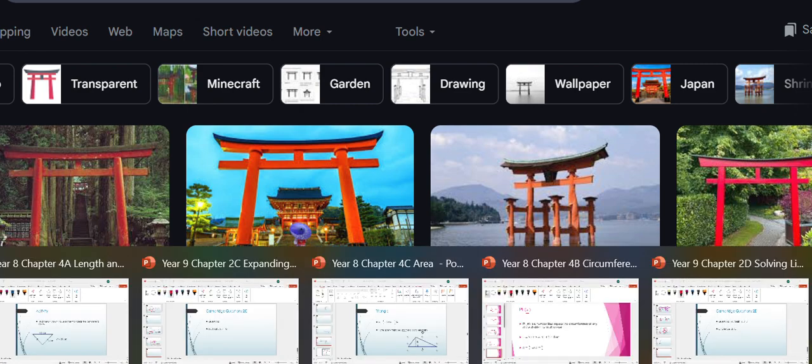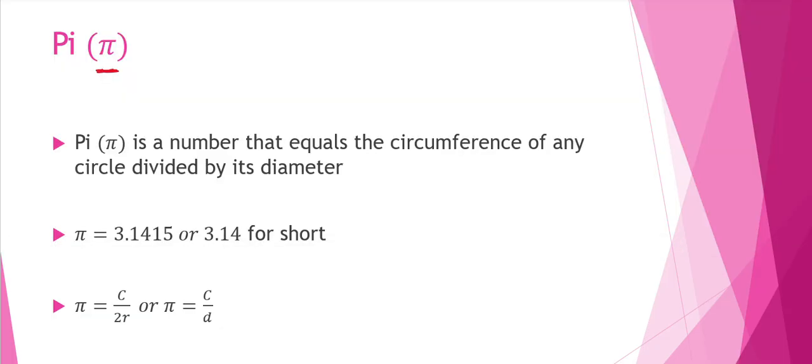If you're having difficulty drawing the symbol pi, this is the best way to do it. It doesn't need to be as fancy and curly like how I have it up here underlined already. You can just do two lines and just draw the top part to connect them all, okay? And you'll be fine.